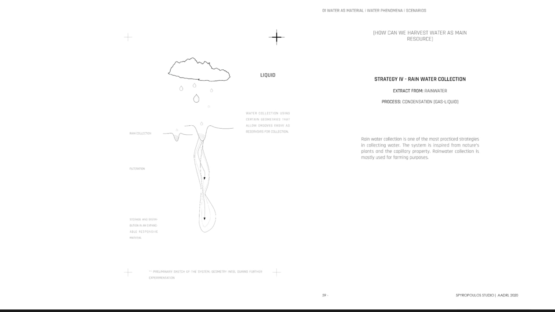And then the next is another sketch, which is rainwater collection. We were imagining how a material can be like a balloon that would fill up with water, that has no shape, no geometry, but actually expands and contracts during rain collection.